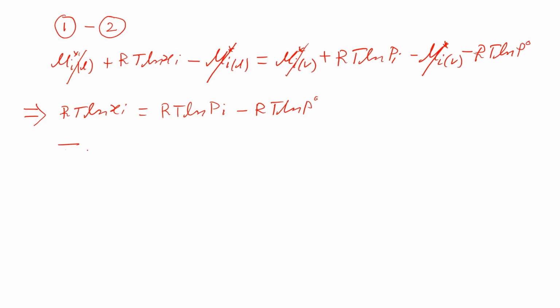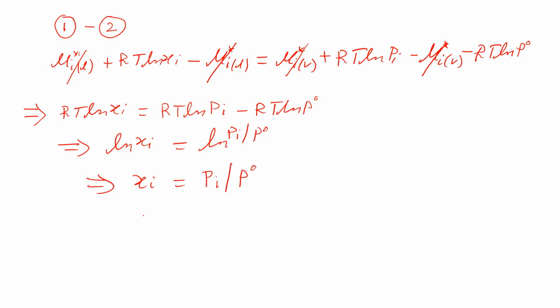Okay, so I can write ln Xi is equal to, RT gets cancelled, ln Pi by P naught, because log A minus log B is equal to log A by B. So I can write Xi is equal to Pi by P naught.